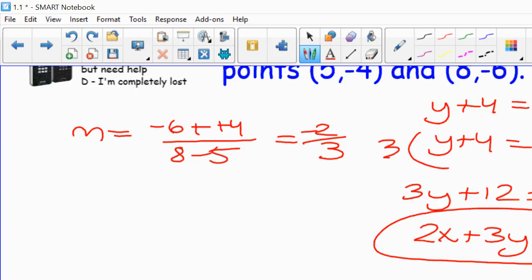And then you've got a response, a you-try on your calculator. So log into your calculator again. Usually you only have to do that once a class. And then remember to submit.